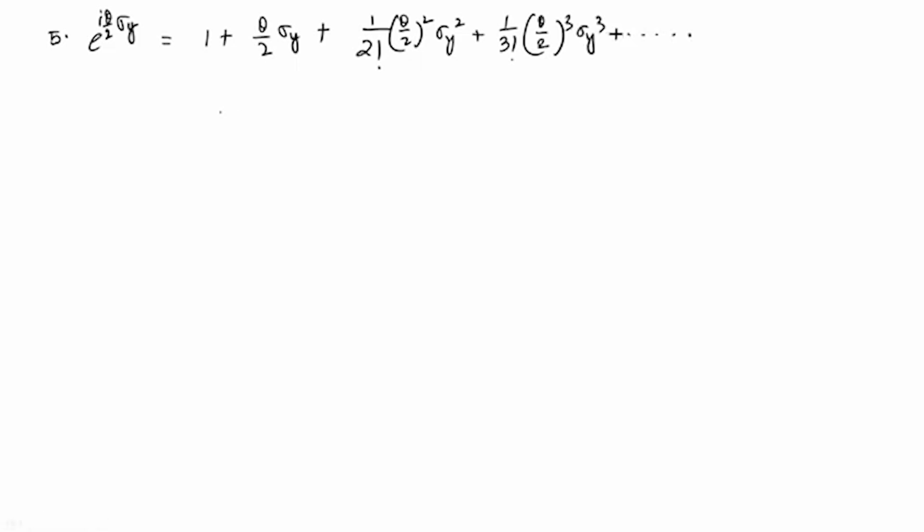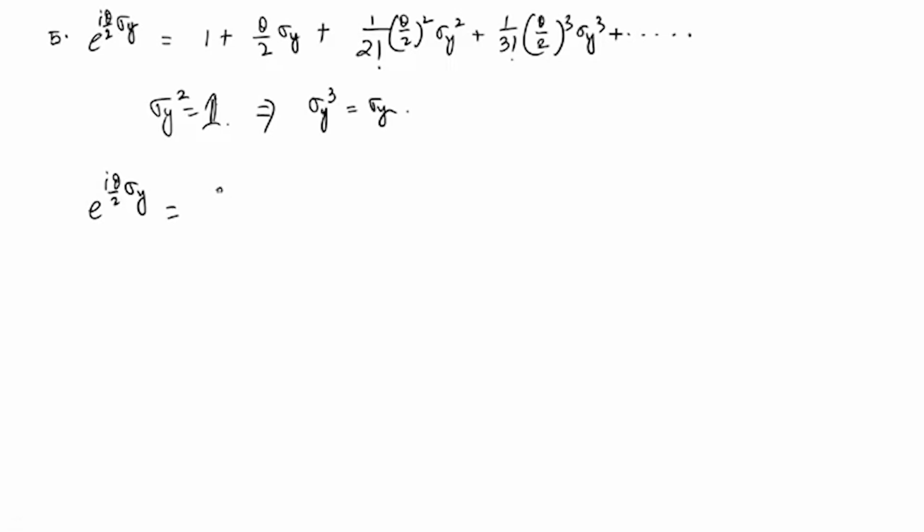Now, remember that sigma y squared is equal to 1, or this identity matrix, and that tells you that sigma y cubed or any odd power of sigma y is simply equal to sigma y. So the odd powers of sigma y will give you just sigma y, and even powers of sigma y will be free from sigma y, because sigma y squared is equal to 1. So in this exponential of i theta by 2 sigma y, the even powers will combine to give you the expansion of cosine.